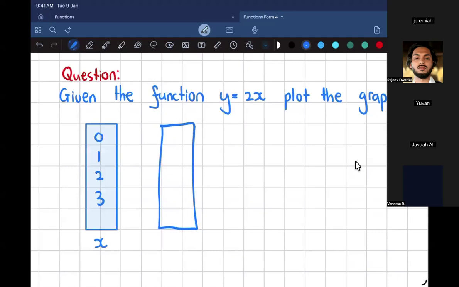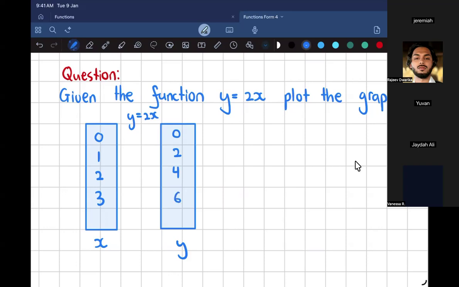So Yvonne, if the function here is y is equal to 2x, if I put in x is 0, what am I going to get? You're going to get 0. If I put in x is 1, you're going to get 2. x is 2, we're going to get 4. x is 3, 6.